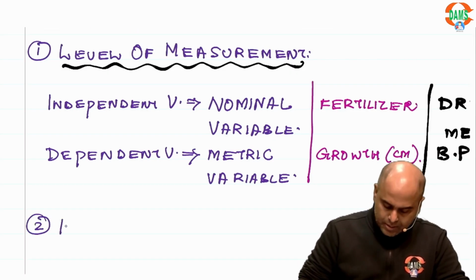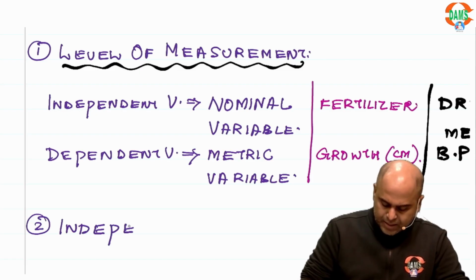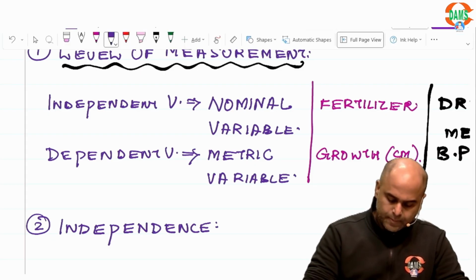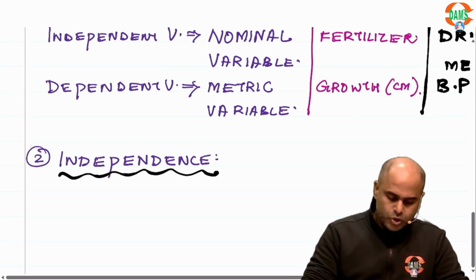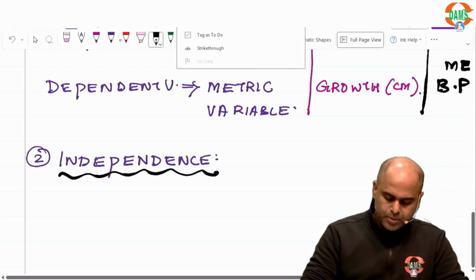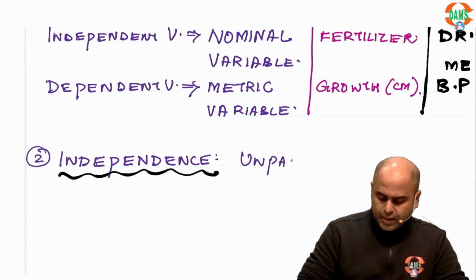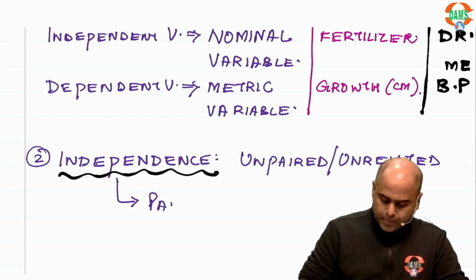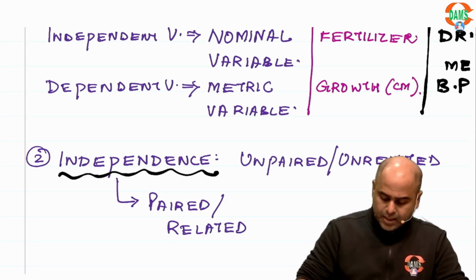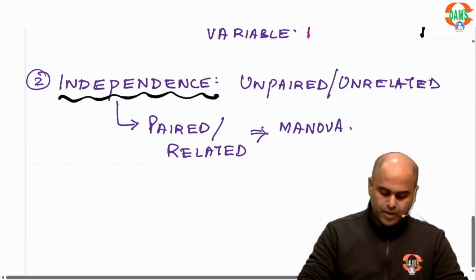Second, there has to be independence, that is, it should be independent in each group, that is the data should be unpaired or unrelated, because the moment it becomes paired or related data, we cannot use one-way ANOVA, rather we go ahead and use MANOVA, which is multi-way ANOVA.